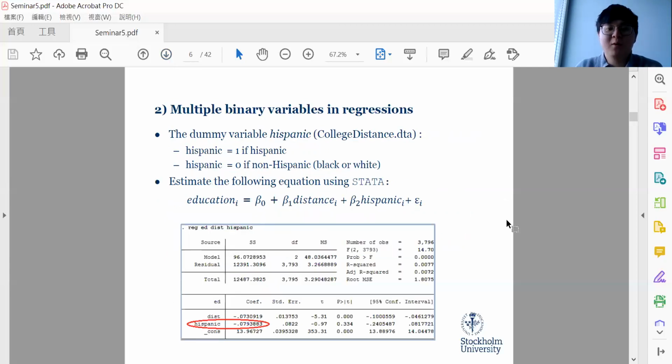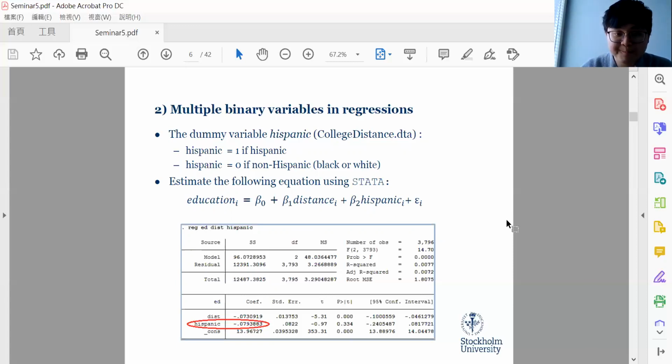This is one example from the college distance data. If Hispanic equals 1, then the individual is Hispanic, and if Hispanic equals 0, then the individual is non-Hispanic. Then we estimate the following equation using data. Education is the dependent variable, and distance and Hispanic are the independent variables.